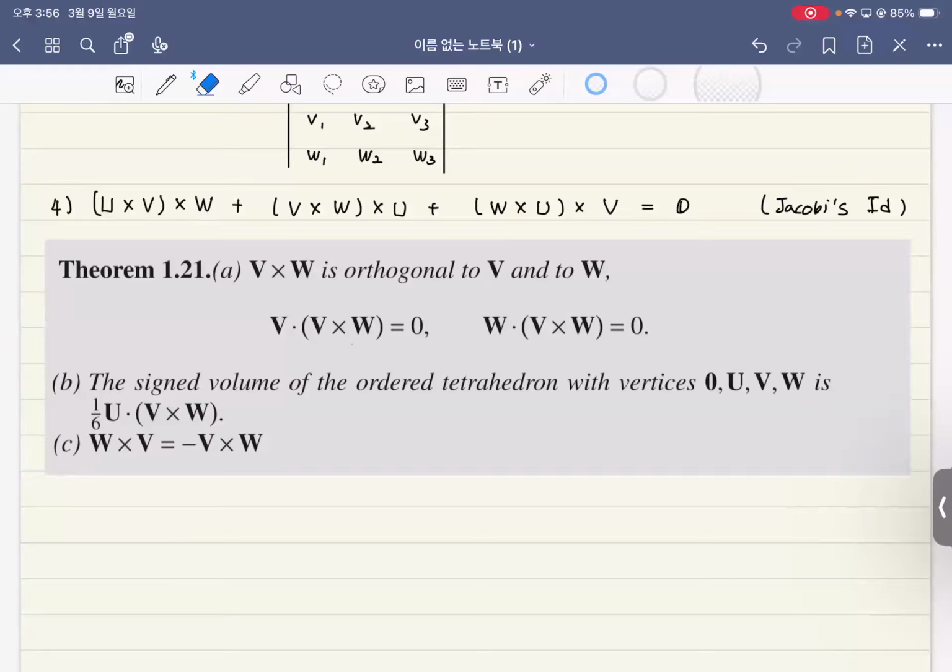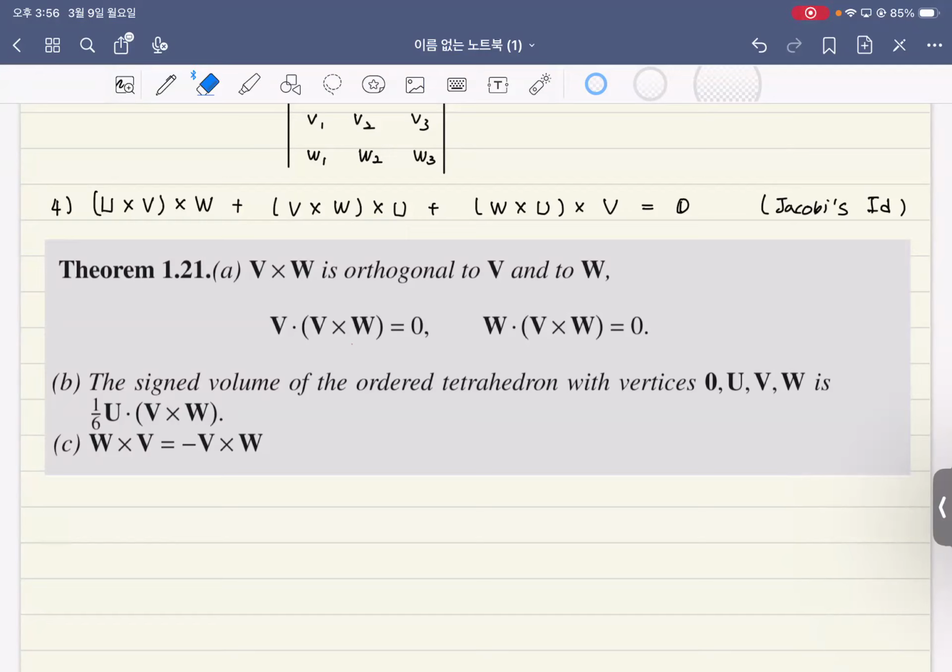This theorem says three different things. First, v cross w is orthogonal to v and to w at the same time. So what does it mean? You have two three-dimensional vectors, say this is v and this is w, and v cross w is going to be orthogonal to those two vectors at the same time.